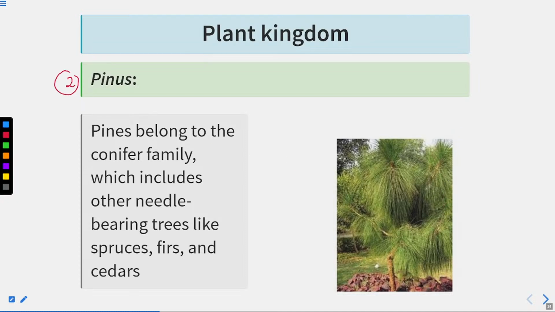The next gymnosperm plant is Pinus. Pinus belongs to the conifer family.